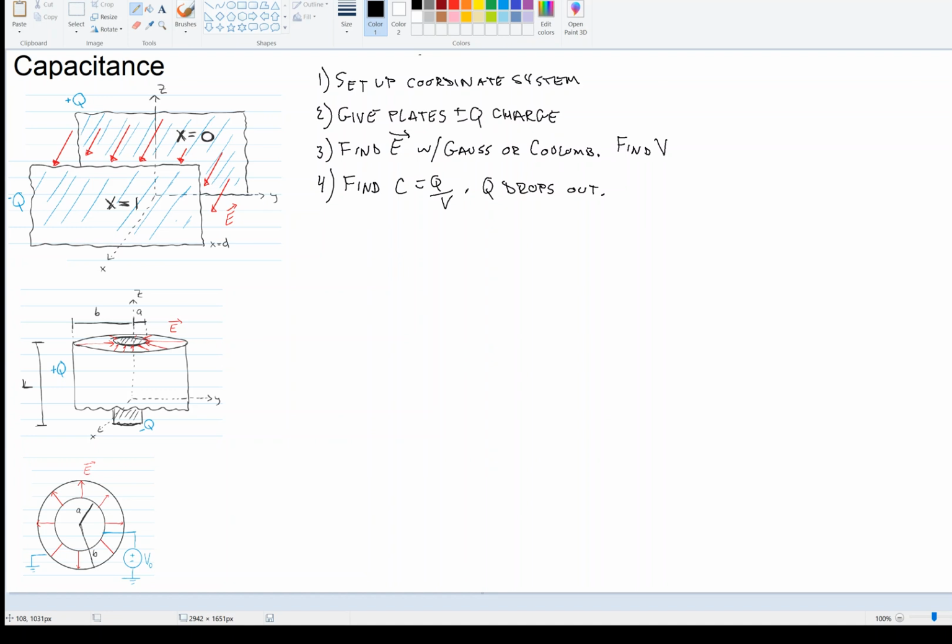Now from Gauss's law, we can draw a cylinder on the inside of this thing so that it encloses negative Q charge. We've done this already. This would be the closed surface integral over the Gaussian surface of E dot dS.